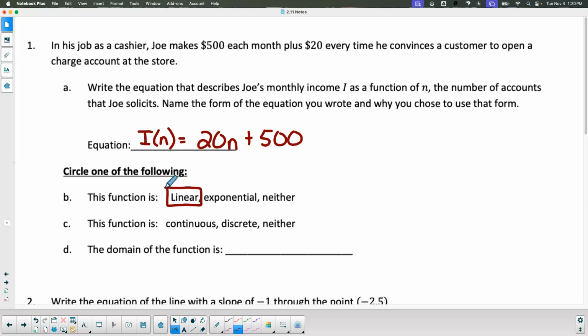It is discrete, but why? Because he can't have half of a customer. He can't sign up half of a customer. He only gets that $20 if he signs up one customer. So it's always jumping 20 every time. It is not continuous here.